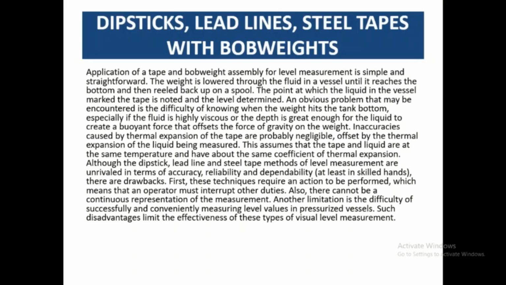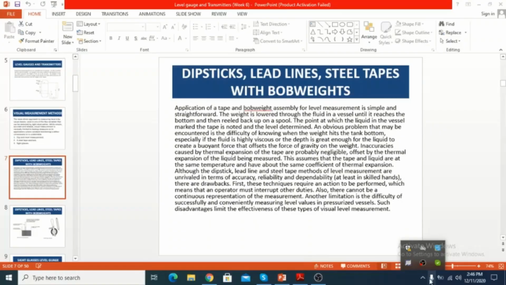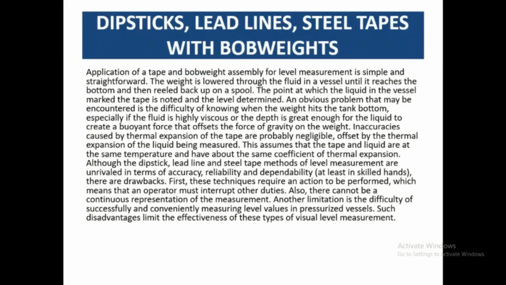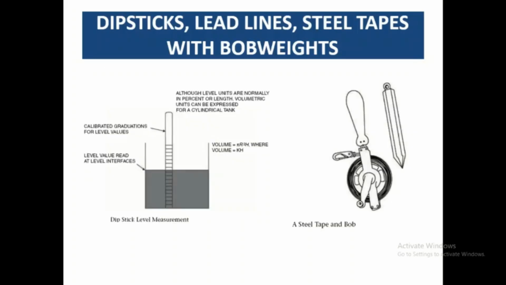Dipstick, lead lines, steel tapes with bob weights. Dipstick and steel tape with bobs are abundantly used in the food industry. So I will explain with the help of a figure.